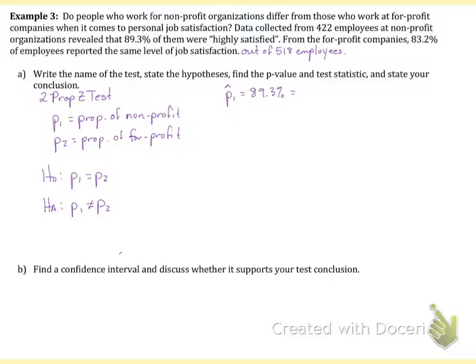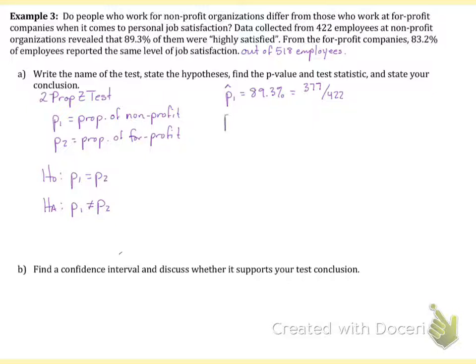And I want to write that as a fraction. So if I take 0.893 and I multiply that by 422, I'm going to get 377 out of 422 is going to be my fraction.